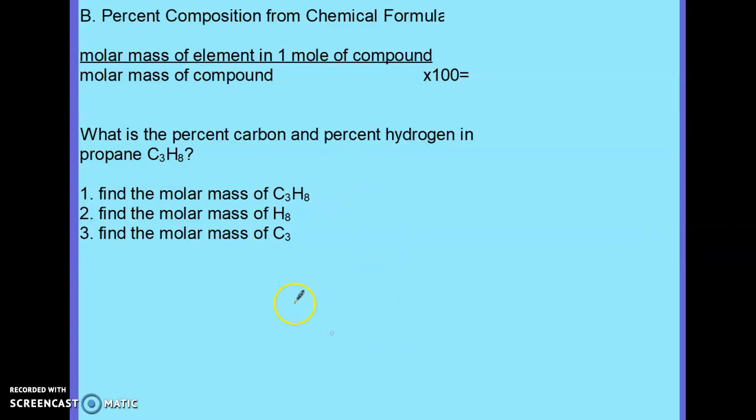So we need to find the molar masses of these. I have to find the molar mass of this whole thing, and then I want to know how many grams of that are hydrogen and how many grams of that are actually the carbon.